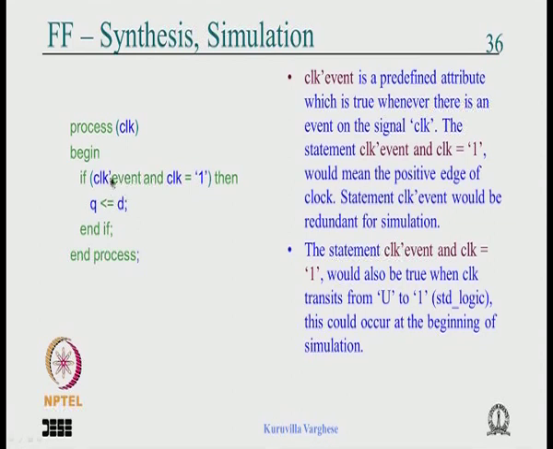For the simulator, it starts computation when there is an event on the clock, and once again it is repeated, but it is okay because this is code where there is compatibility between synthesis and simulation. The earlier code is dangerous in the sense that it works as a flip flop for simulation and a latch for synthesis. This works as a flip flop for both simulation and synthesis.